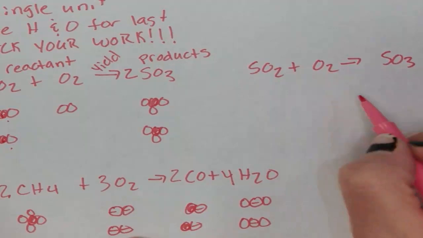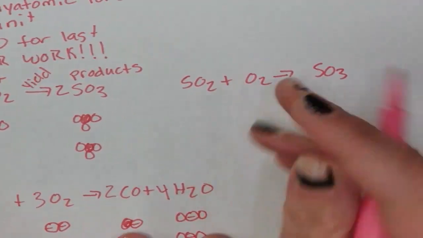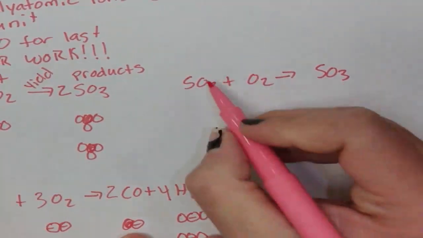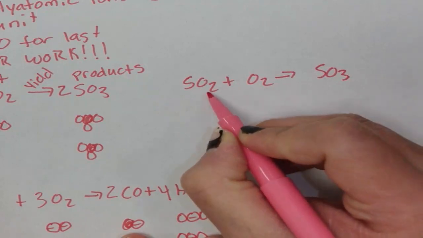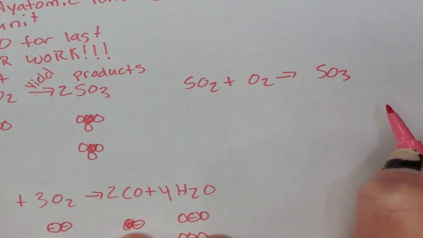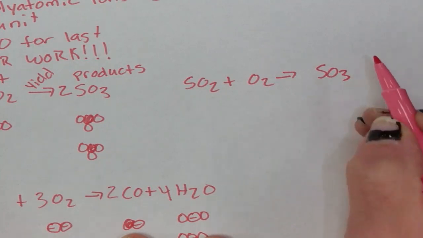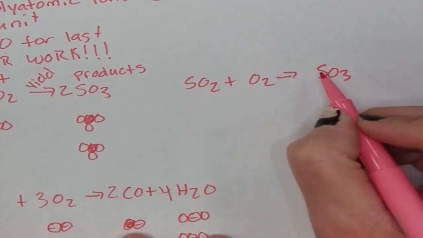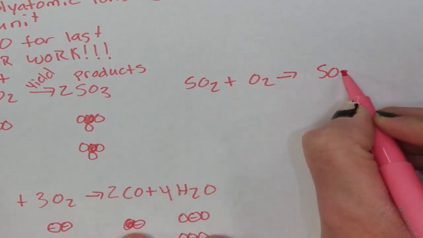So what I've got here, when I look at this particular equation, I have 4 total oxygens as a reactant and 3 as a product. So I'm simply going to try and get to this 3.